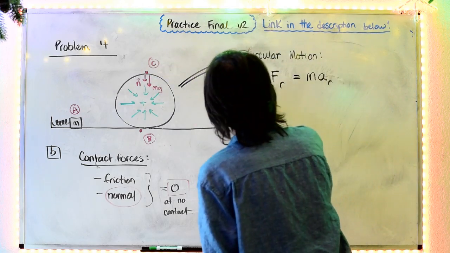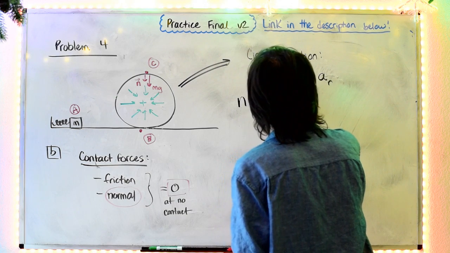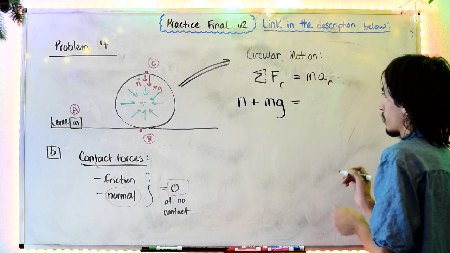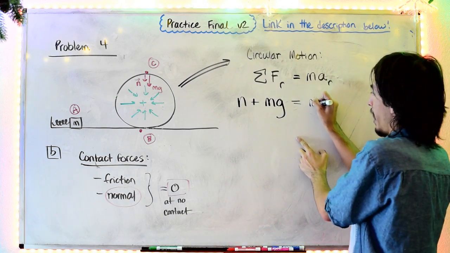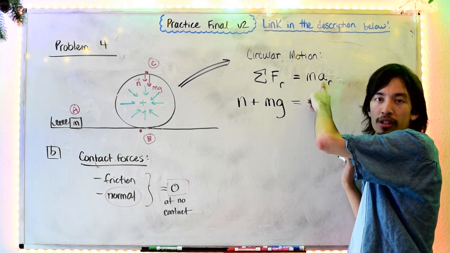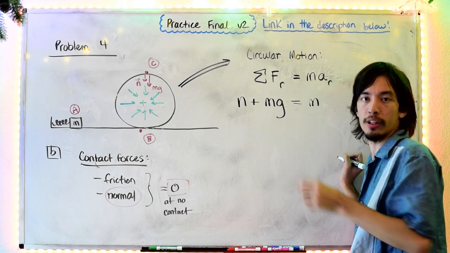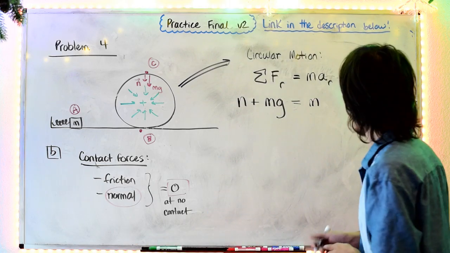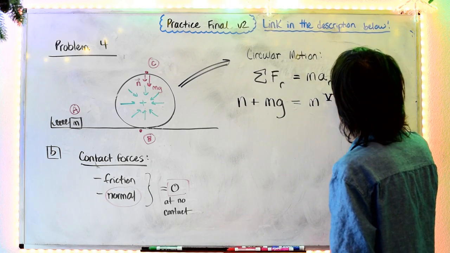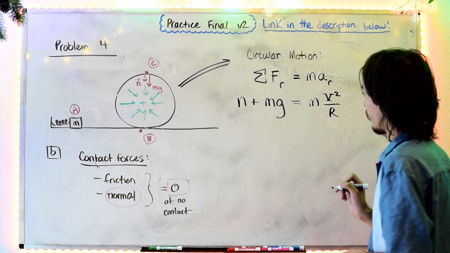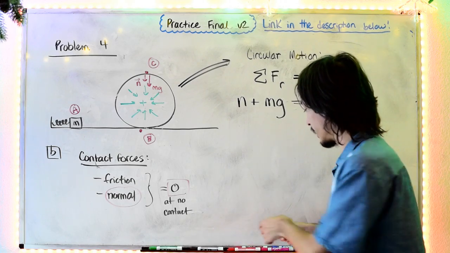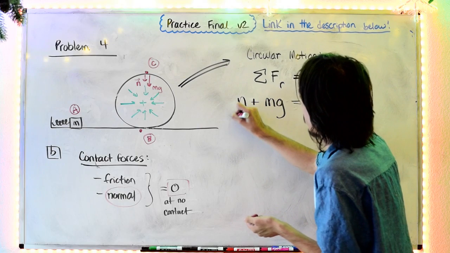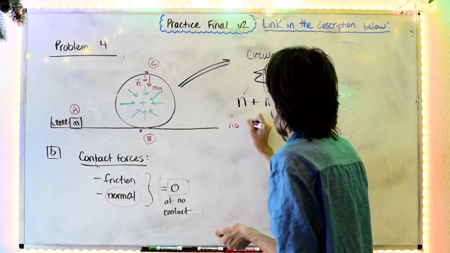In other words, the normal force plus mg equals m times the acceleration in the circle, the centripetal acceleration, which can always be expanded out as v squared over r. So we write v squared over r. We will get rid of the normal force since it loses contact, so no contact.